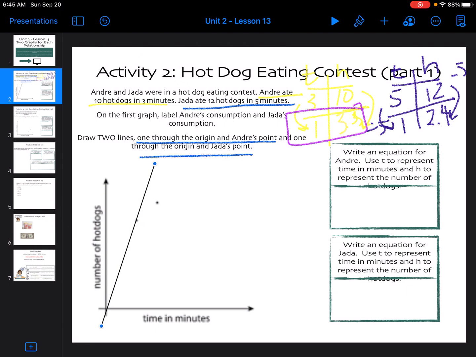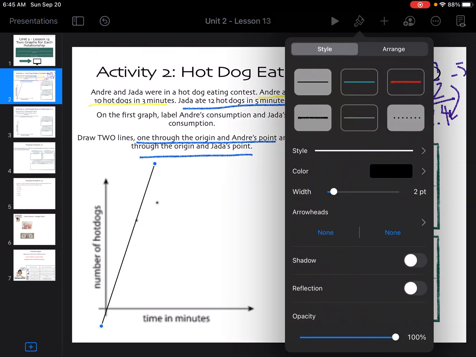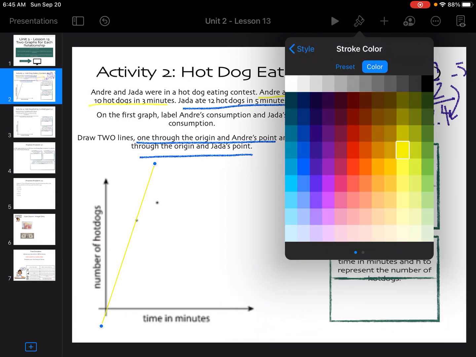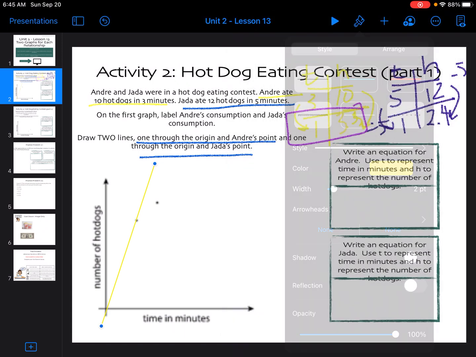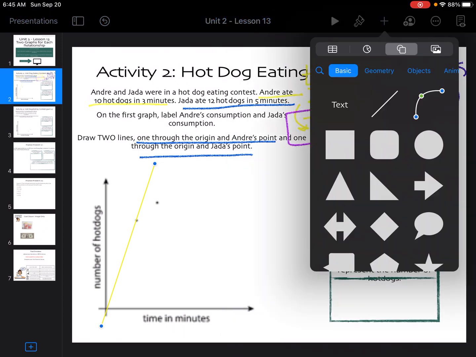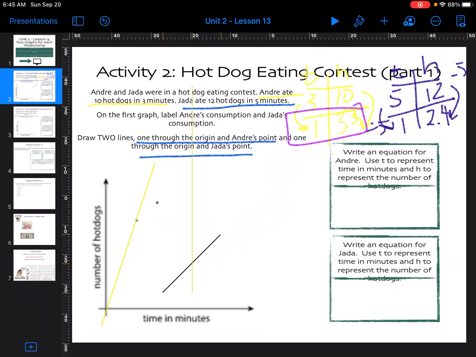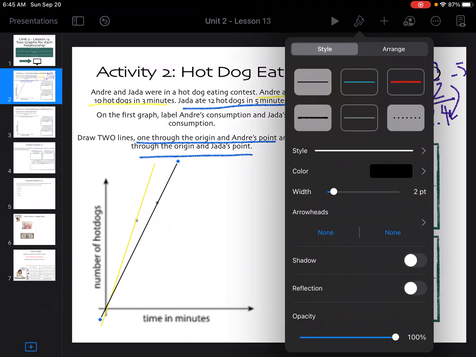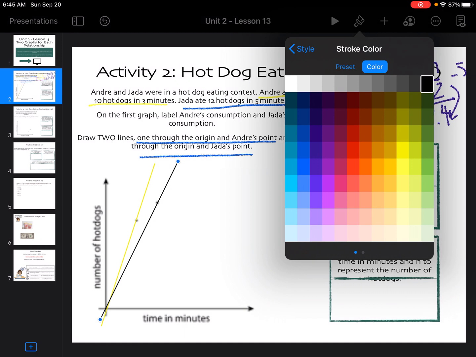I'm going to make that yellow. Okay, and then we have to draw a line through Jada's. So I'm going to make that one purple. I hit the paintbrush to change the color. Or really, that's kind of like a blue color, I guess.